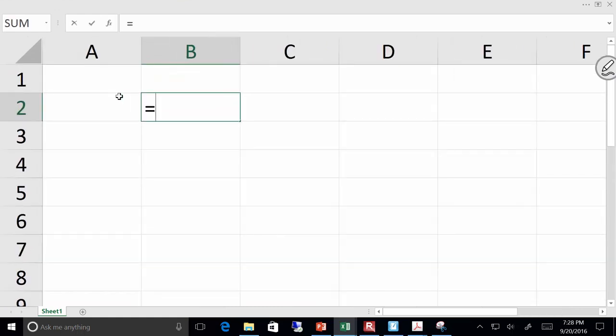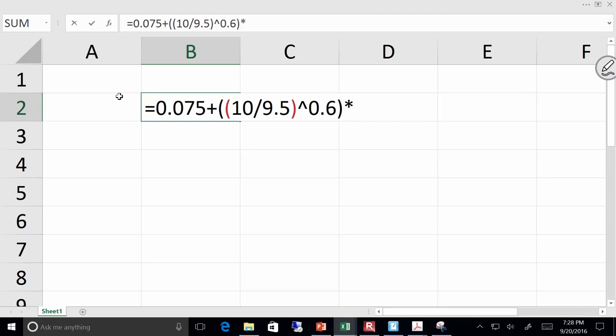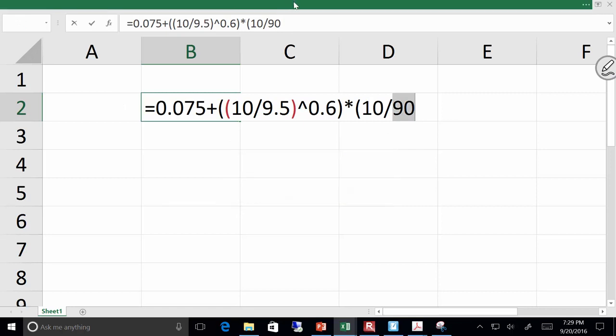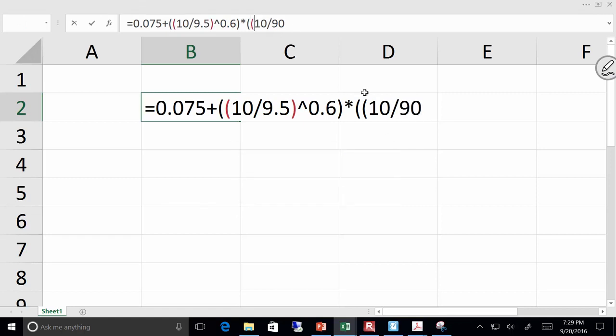All right. So what do we have? Let's do that second one, 0.075 plus we have 10 divided by 9.5 raised to the 0.6 times 10 divided by 90, that is raised to the 0.2.